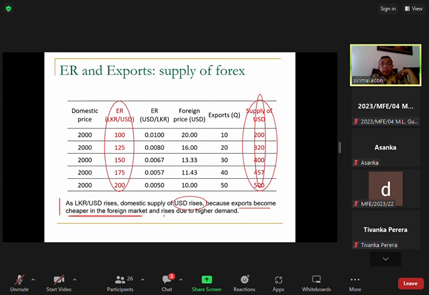And as a result, the demand rises in the foreign market. That is the reason. Depreciation makes our commodities cheaper in the world market.